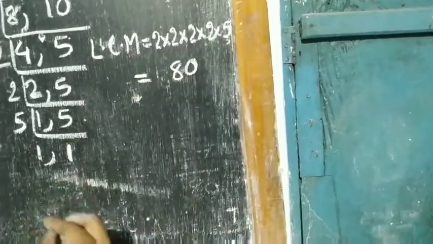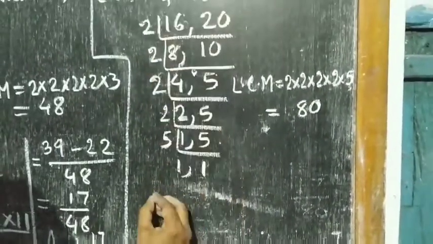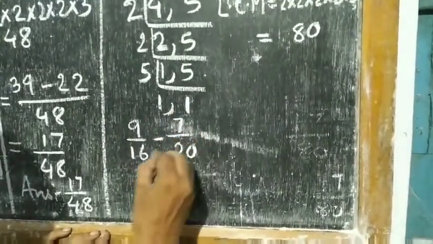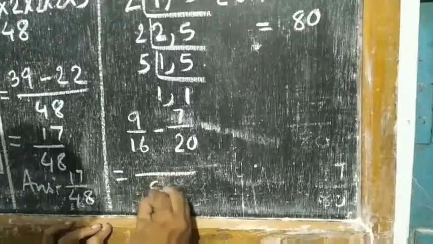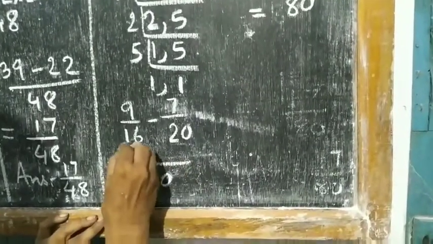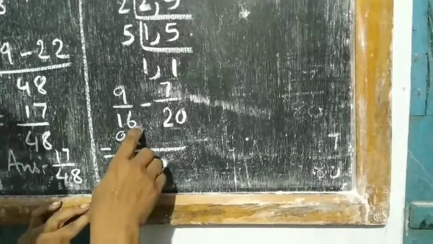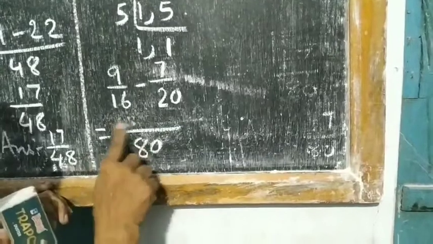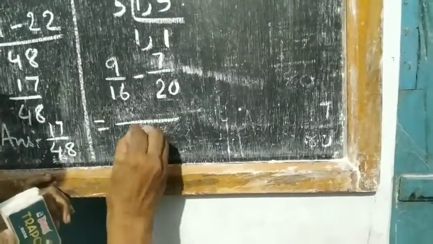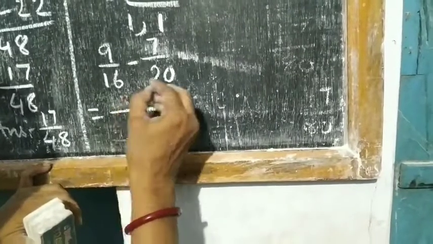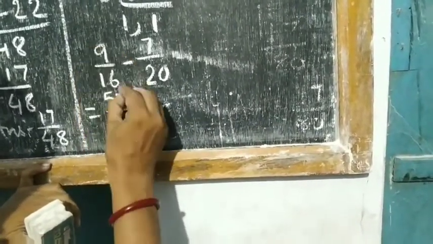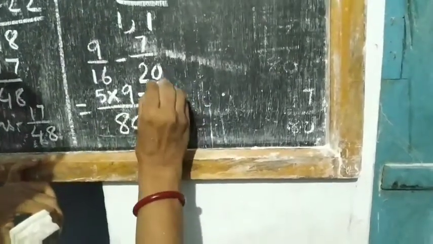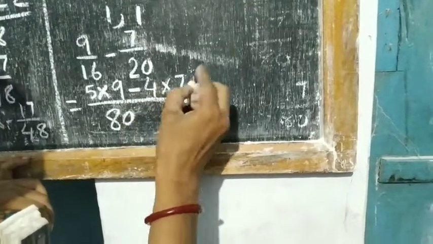80. Now children, you write the sum 9 by 16 minus 7 by 20. So what will be the LCM? 80. First you write 80 divided by 16, that is 5, into the numerator 9, minus 80 divided by 20, that is 4, into 7.